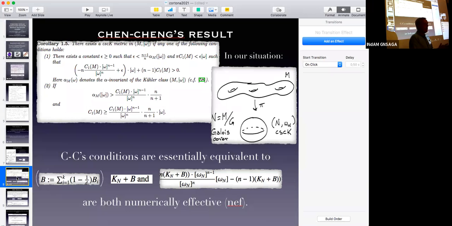Some kind of limits of ample line bundles. So this is what was known, and as I said, Cheng's result has nothing to do with covers in particular. This is a completely general statement. But applied to this, they are asking K_N and this other combination to be NEF.